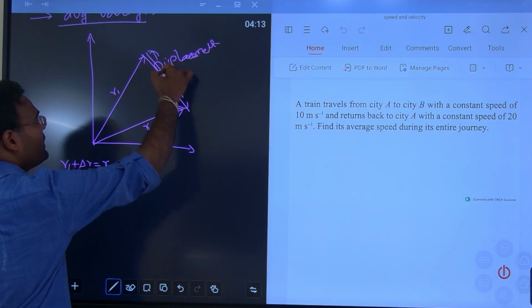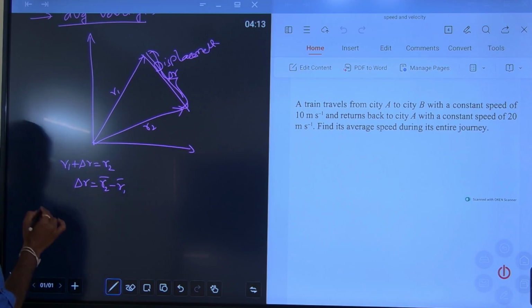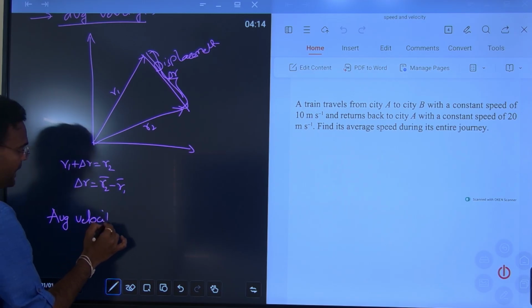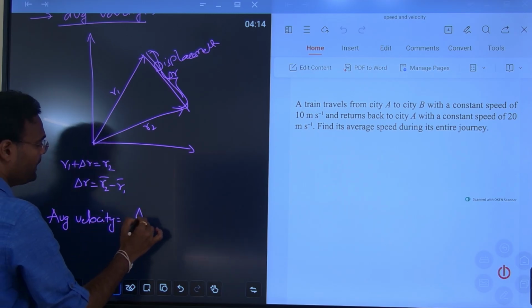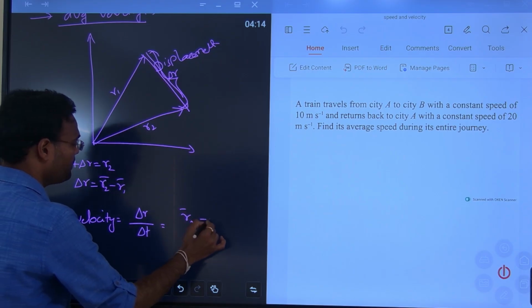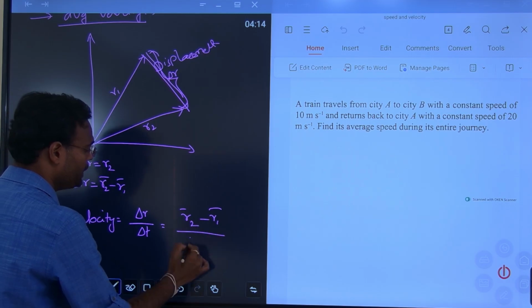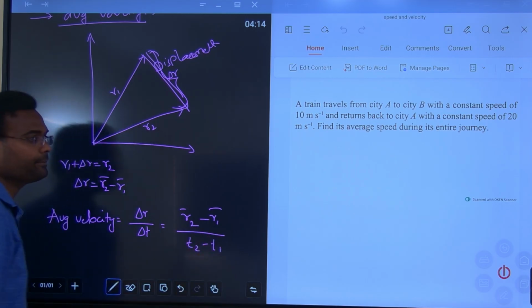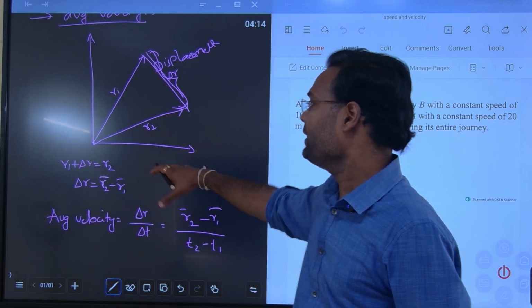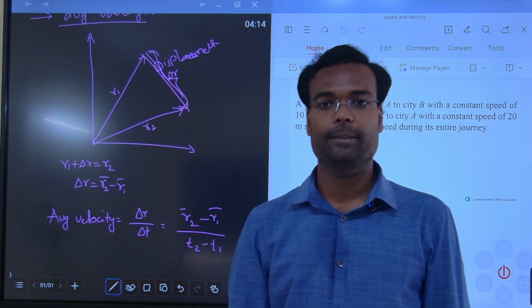Now average velocity is equal to delta r by delta t, that is r2 minus r1 by t2 minus t1. This is what the average speed and average velocity are, right?